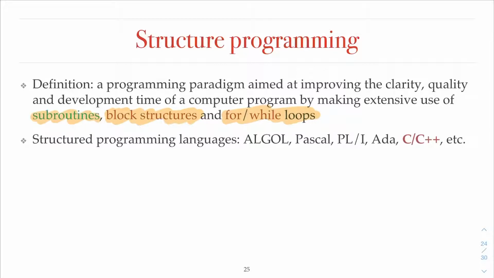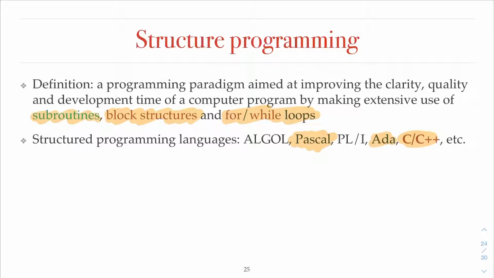Here is just a very short list of some names. Amongst them, there is Pascal that you may know from before. There are others like PL/I or Ada, which are not so popular, but obviously you see here C and C++ are really popular. Okay.